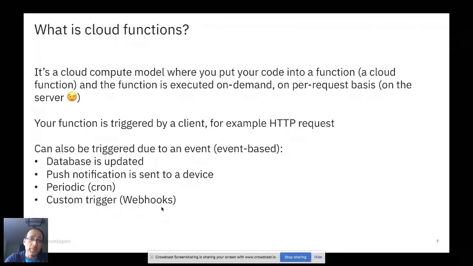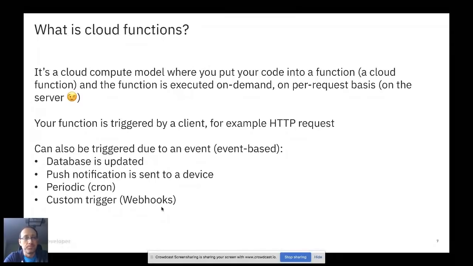But it also has an event-based model, which is really nice, where your function can be invoked when something happens. For example, when a database is updated or a push notification is sent. And the third one, periodic, is really nice because you can schedule your function to be invoked every hour, every day, or every week.